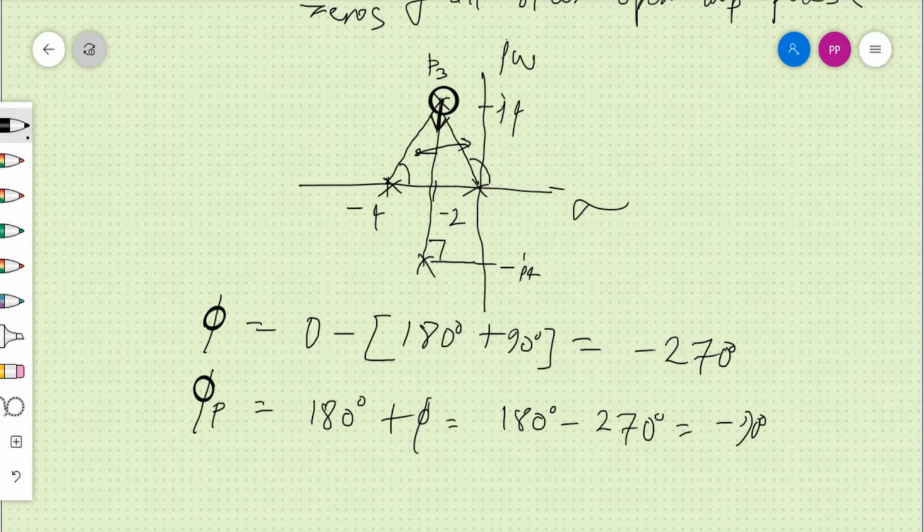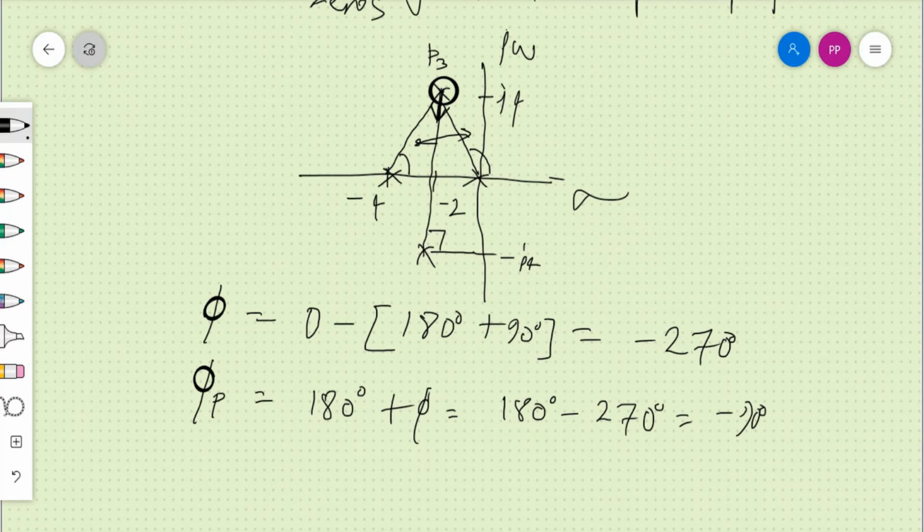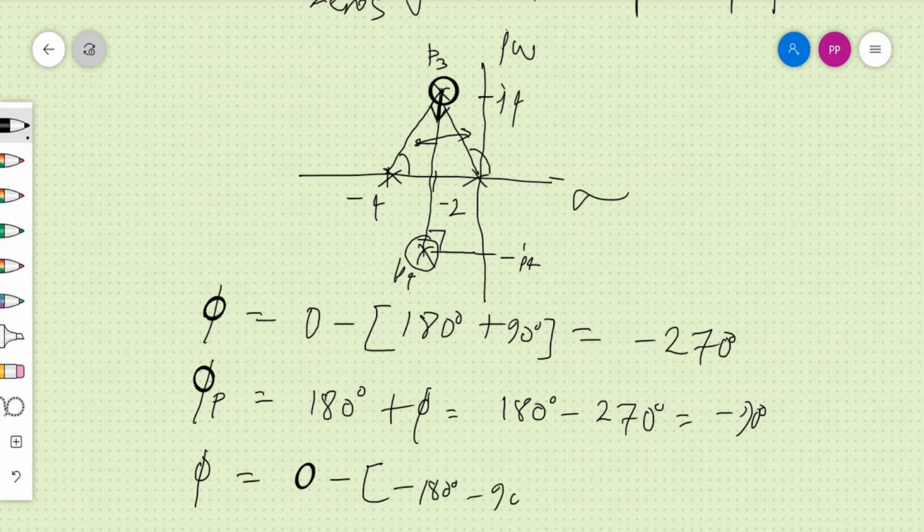Similarly, if you find the contribution for the other pole, that is P4, then for that phi equals 0 minus, again the two summations together will be minus 180 degree and minus 90 degree for the other pole P3, so it becomes 270 degree.